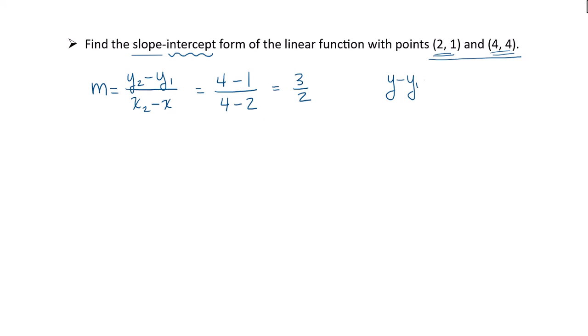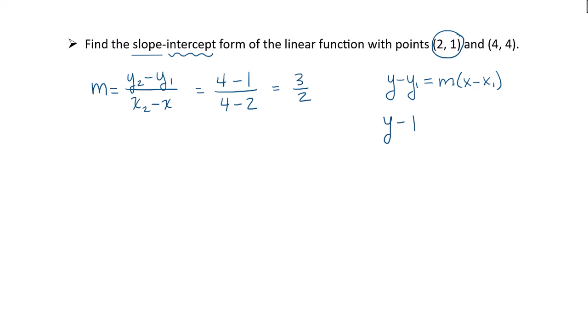It's y minus y sub 1 equals m times x minus x sub 1. So when we have a y, we just write down y minus, and when it says y sub 1, we actually substitute the point, the y from the point. I'm going to go ahead and use this one. Doesn't matter which point you use.